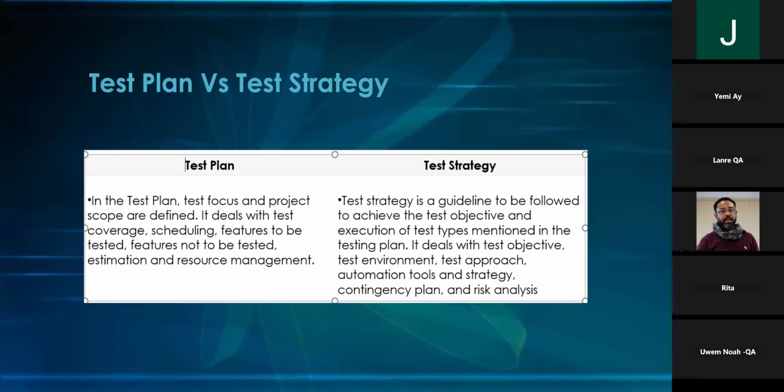It deals with test objectives, test environment, test approach, automation tools and strategy, contingency plan, and risk analysis. So you can see that the test strategy is breaking down those things in full. The test plan states it at eye level.